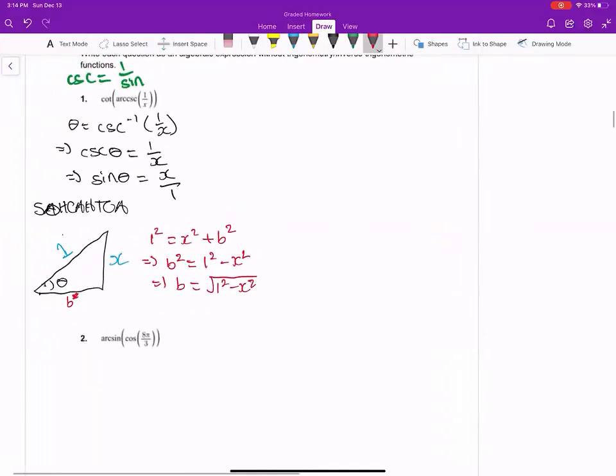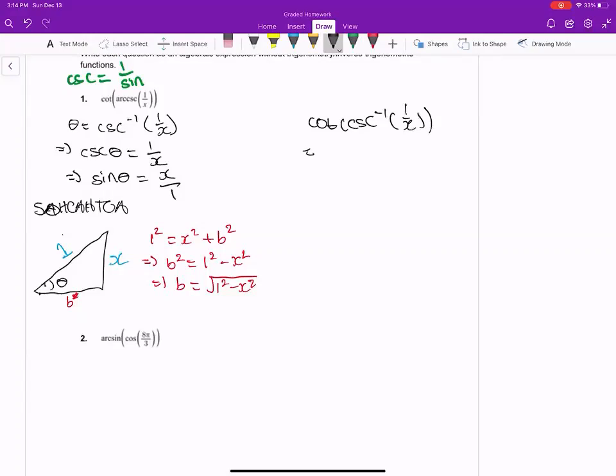So that's your b value right there. Once you solve that, now recall that we want cot of cosecant inverse 1 over x.